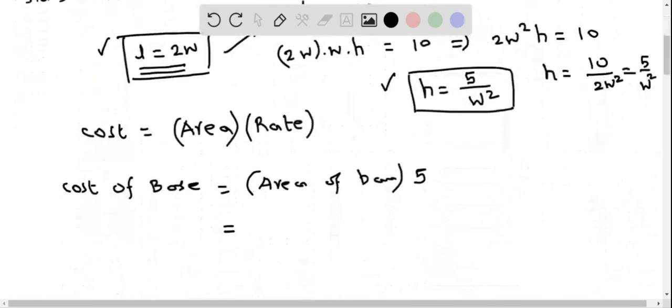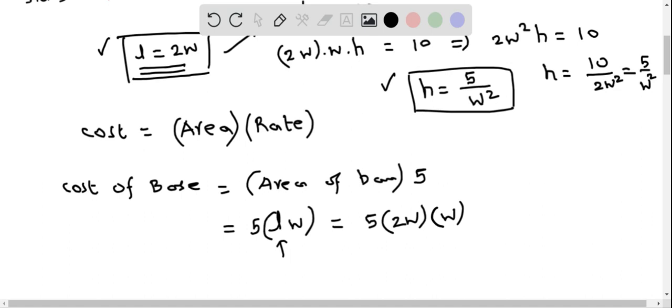So this is LW times 5, which is 5LW. Now we will have to convert everything into W. So we just replace L as 2W. This is 5 times 2W times W, which comes out to be 10W square. So this is the cost of constructing the base.